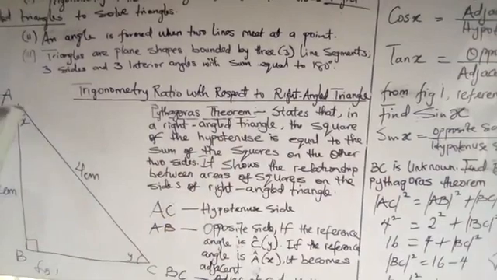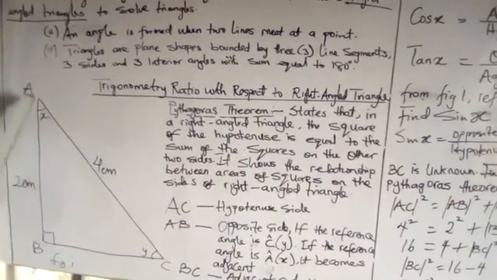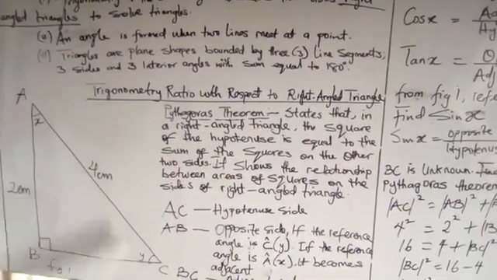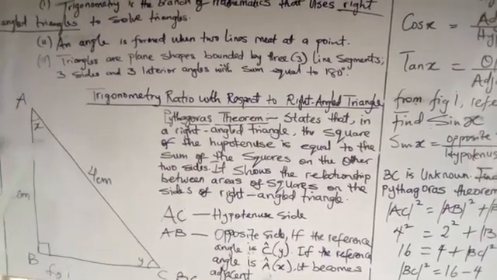It means that for this triangle now, the hypotenuse is always the longest side of the three sides in the triangle.